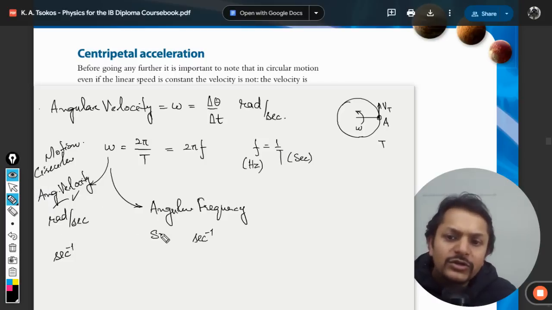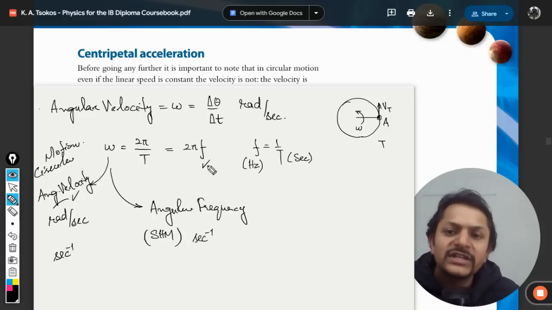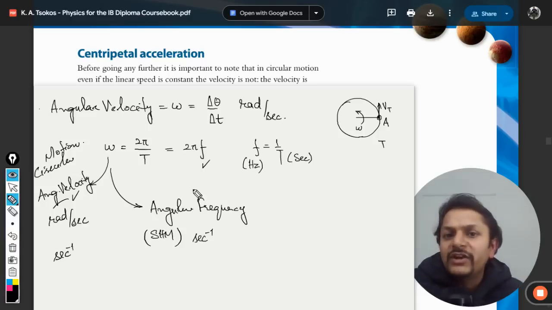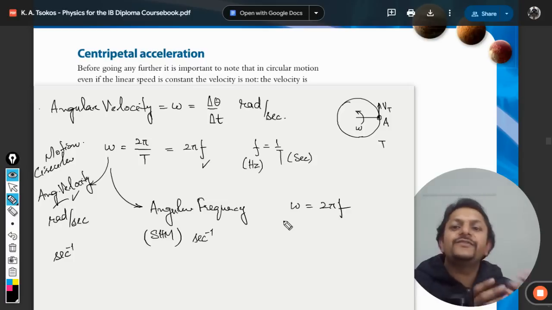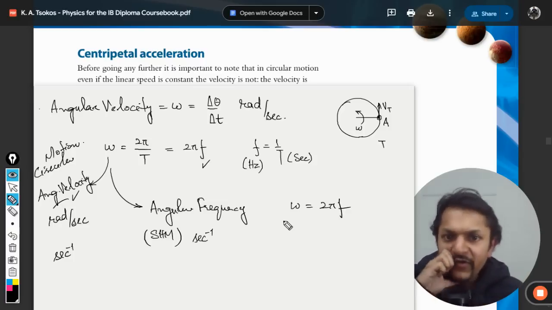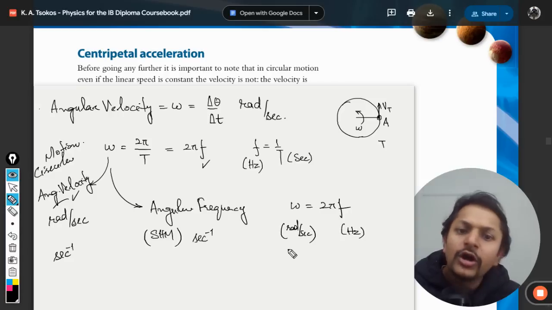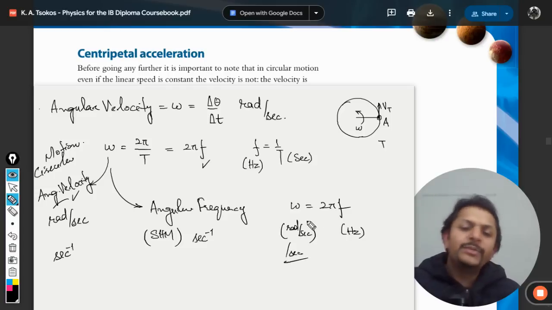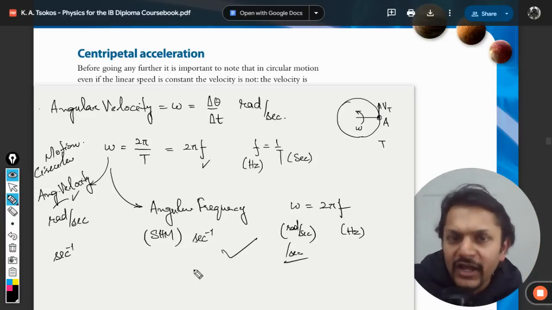But when we talk about simple harmonic motion, or we are trying to relate it with the frequency, we start calling this angular frequency, although they are the same thing. So angular frequency and angular velocity do not have any difference. So omega, the angular frequency, is equal to 2 pi f. That's it. Clear? Where f is the frequency, its unit is hertz, and the unit of omega is radian per second or just per second, that depends. So this is the relationship between the time period, omega and f.